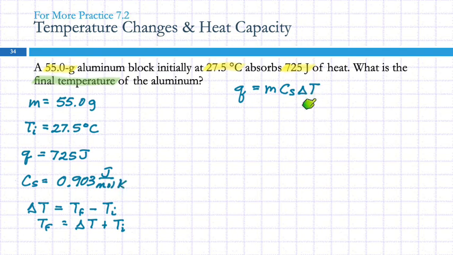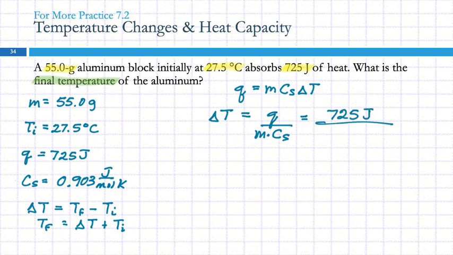So now I'm solving for delta T. Rearranging this equation, I get delta T is equal to Q divided by M times specific heat capacity. So Q is 725 joules, and I've got 55.0 grams, and I've got 0.903 joules per gram degree Celsius.